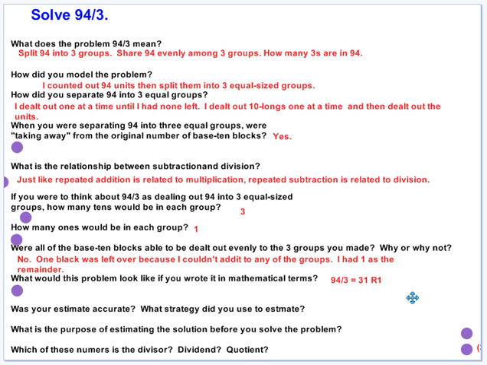Okay? Was your estimate accurate? What strategy did you use to estimate? Well, if we estimate the problem, then I probably would have used 93 instead of 94 because I can put 3 into 90. I can divide 93 into 3 equal-sized groups in my head easier than I can 94 divided by 3.